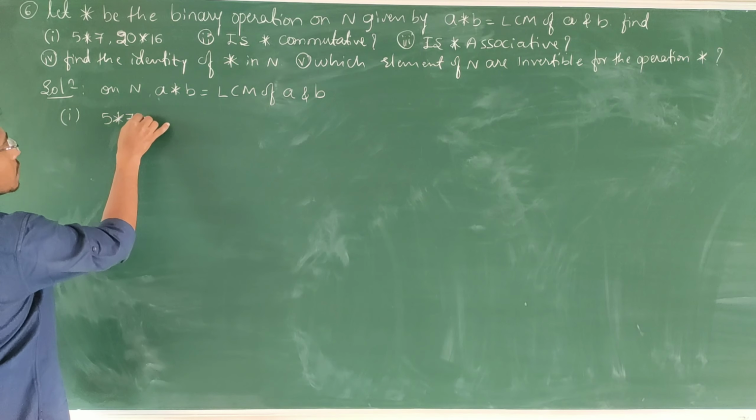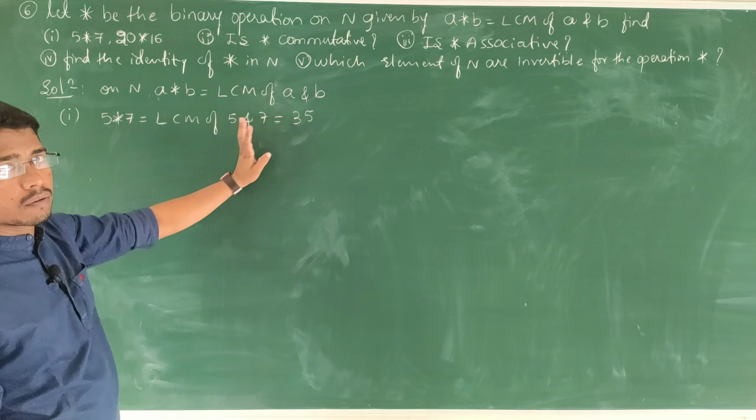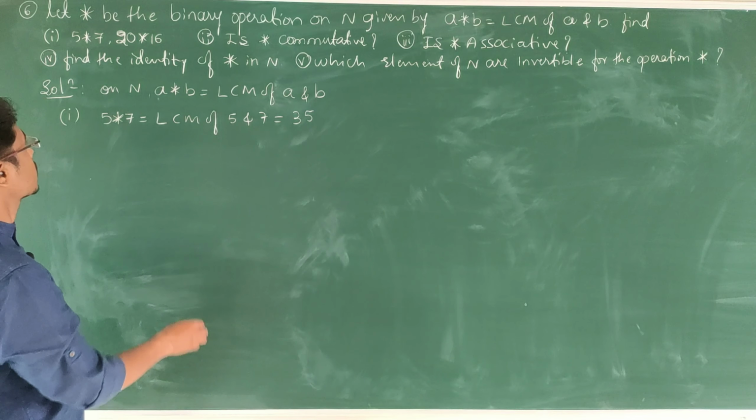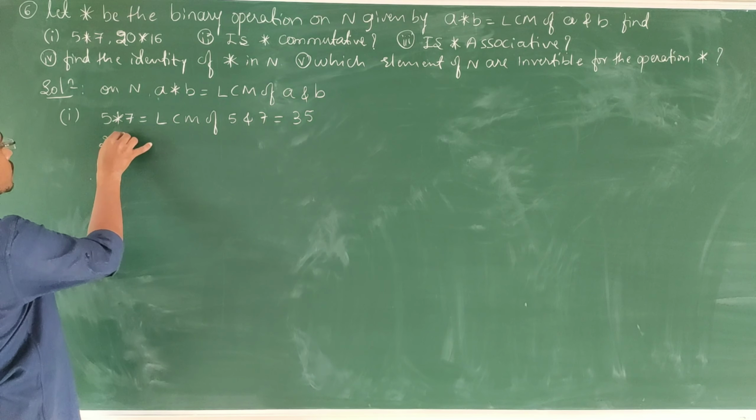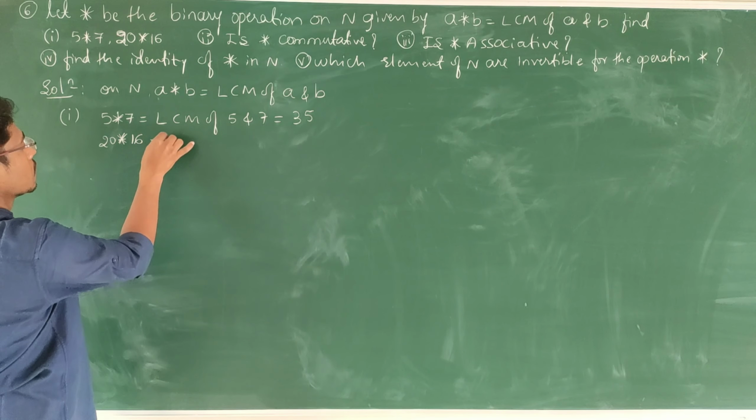Least common multiple for both 5 and 7: 5 sevens are 35, 7 fives are 35. That's why 35 is the LCM of 5 and 7. Next, 20 and 16. The LCM of 20 and 16 is 80.